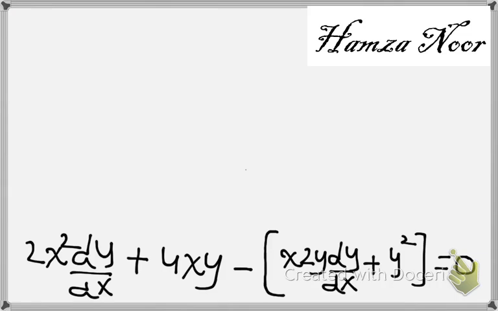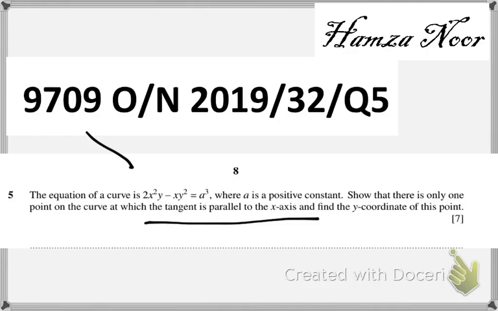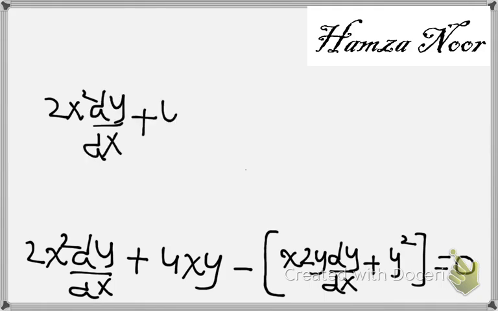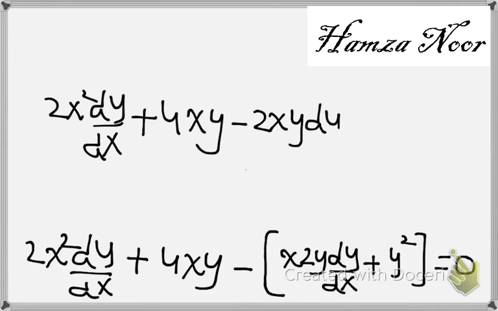First, make the steps easier for yourself by expanding it. So 2x² dy/dx plus 4xy minus 2xy dy/dx minus y² is equal to 0.